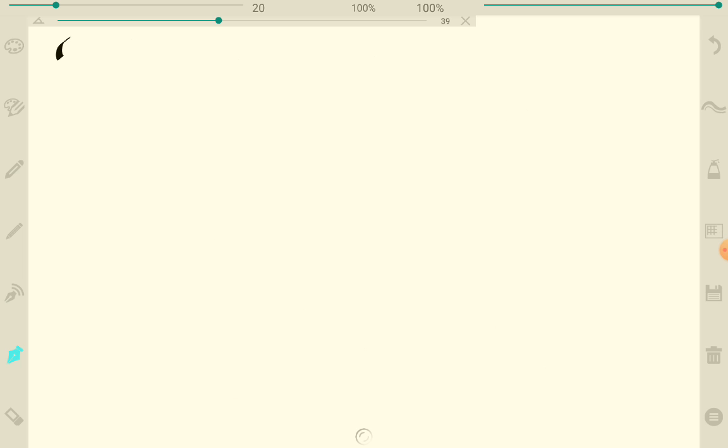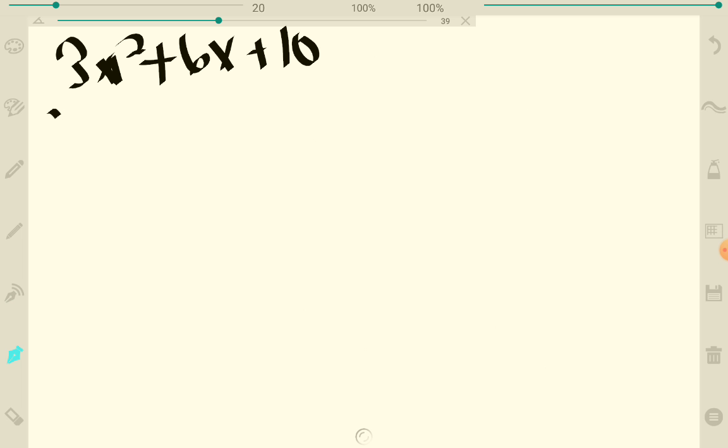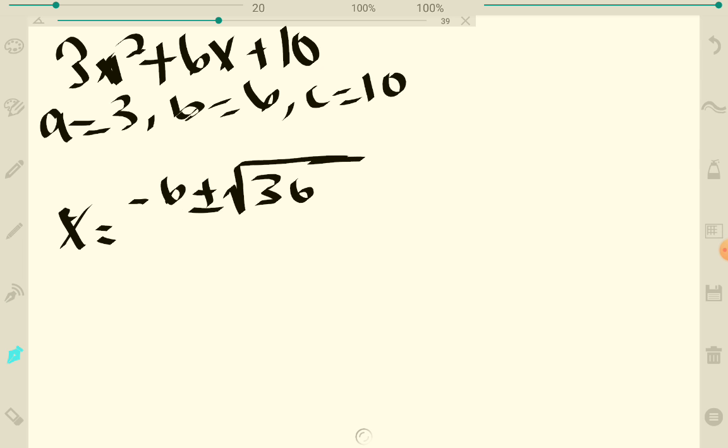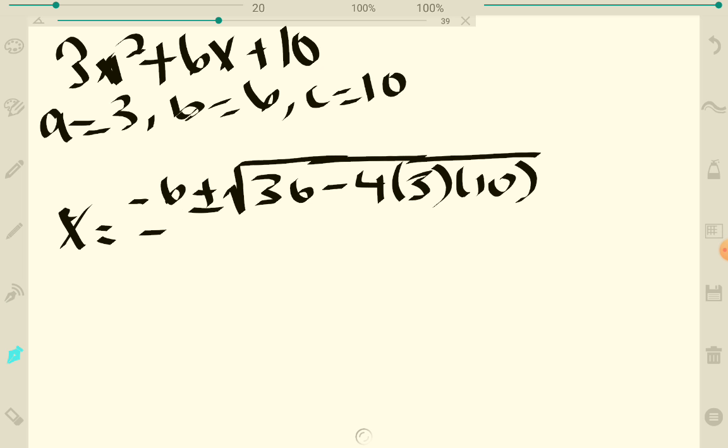Next problem is going to be 3x squared plus 6x plus 10. So on this one, a is going to have a number other than 1. B is going to be 6. And c is going to be 10. And if we plug in, we get x equals negative 6 plus minus the square root of 36 minus 4 times a, which is 3, times c, divided by 2 times a.